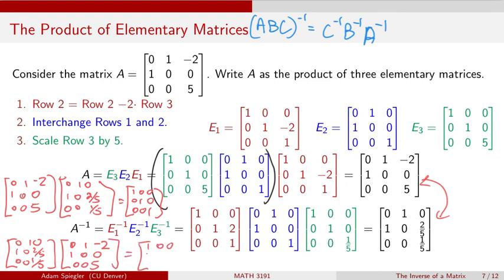So you want to check that multiplying them in both orders gives us the identity matrix back, and it does. So this process works out, okay?